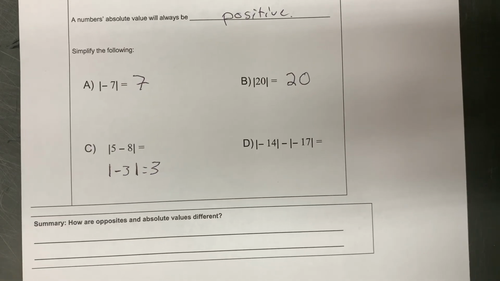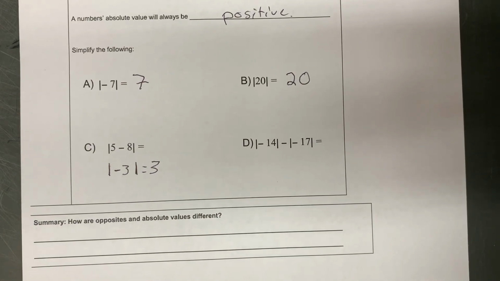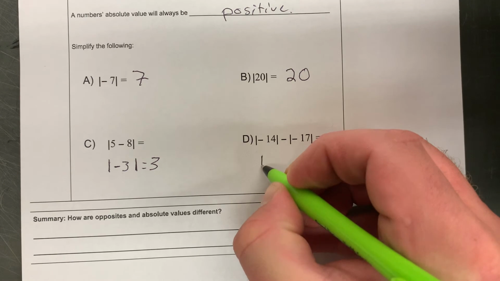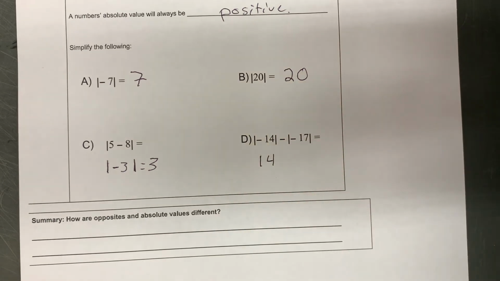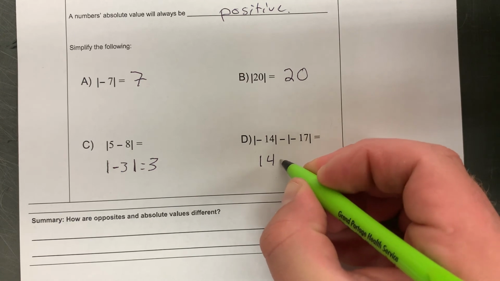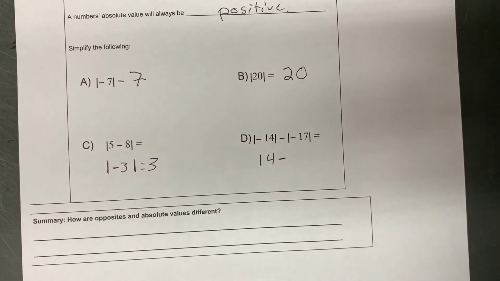If we go to D, now I have 2 absolute values in this problem here, which is totally okay, but we're going to solve within each of the absolute values first. So I have the absolute value of negative 14, which I know is 14 whole numbers or integers away from 0. I'm going to drop this subtraction sign down just so I don't have to deal with it later.